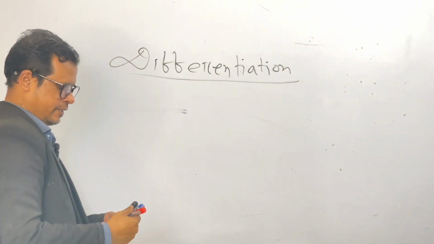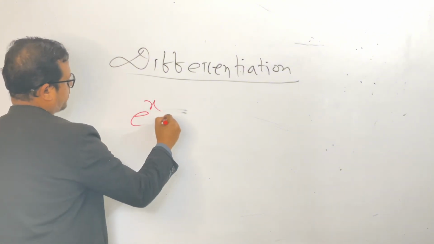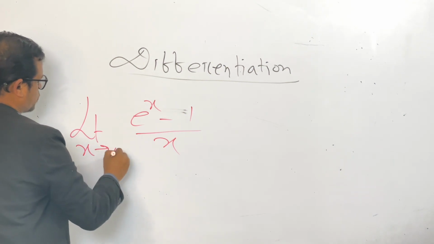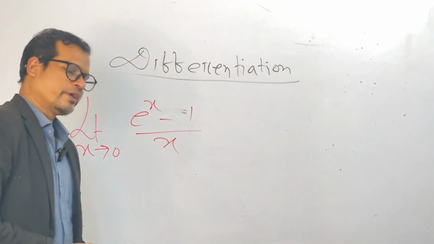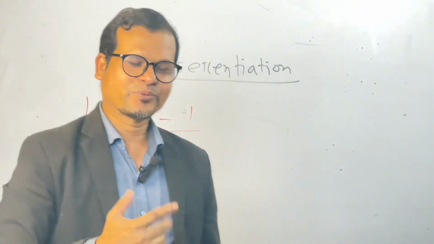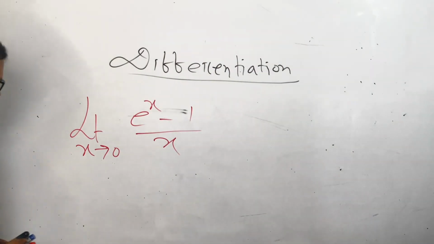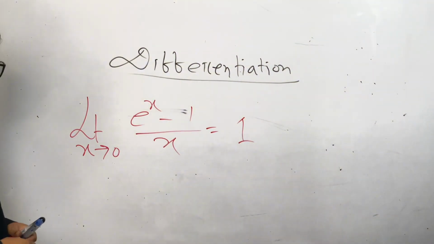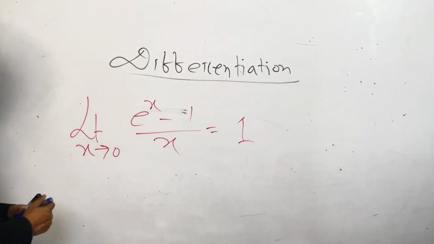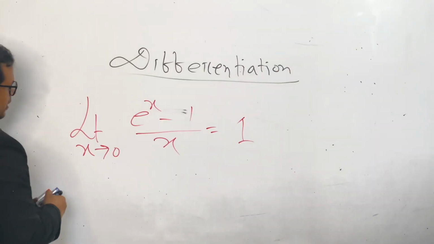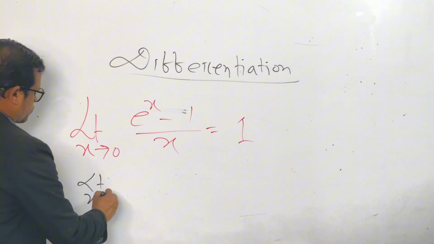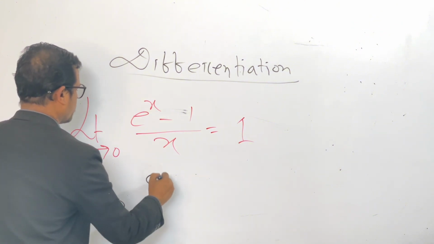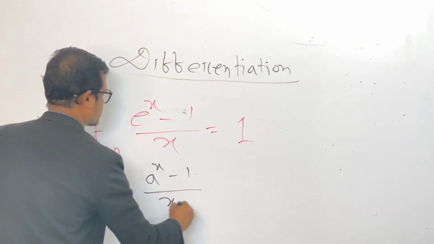What is limit x tends to 0, e to the power x minus 1 over x? What is the value? It is 1. Understand? And limit x tends to 0, sorry, a to the power x minus 1 over x.